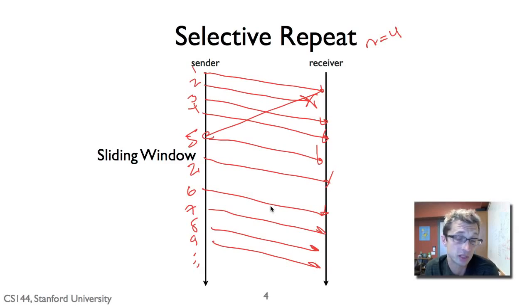If there's a burst of losses, a selective repeat protocol will often be slower to recover, as opposed to go back N, which assumes that all the packets are lost, retransmits all of them, and can get going faster. And so there's a trade-off here between the amount of data that you send, how quickly you send it, and how much of it is wasted, versus the speed of recovery from significant errors.